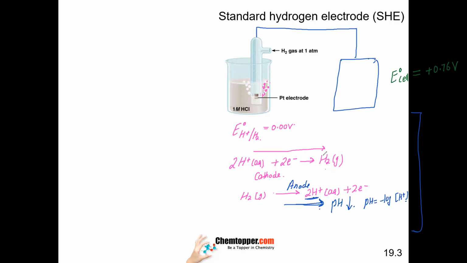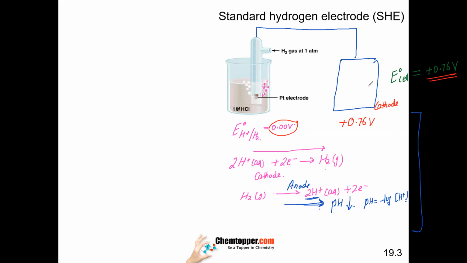Right? This is the value. So if this one has a value of 0.00 and this one has 0.76 volt, then definitely this will work like cathode.